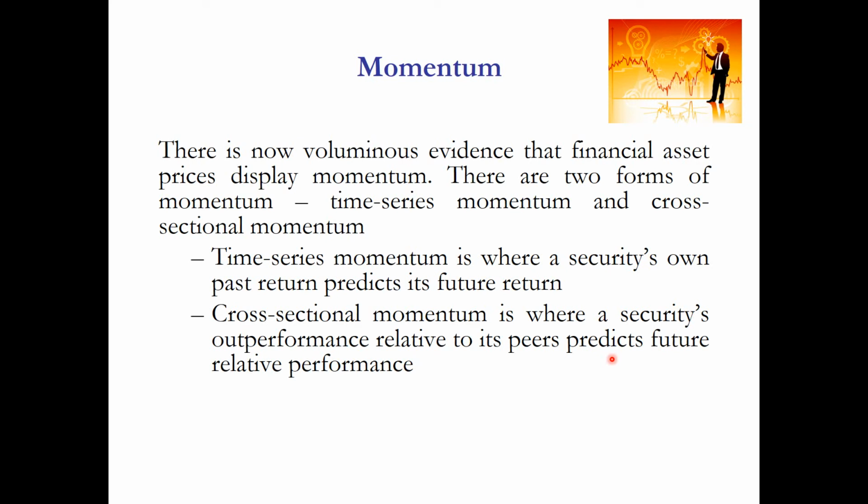So the two key types of momentum strategies are time series momentum and cross-sectional momentum. Time series momentum is the investment strategy whereby you look at the security's own past time series of returns and use that to predict future returns.